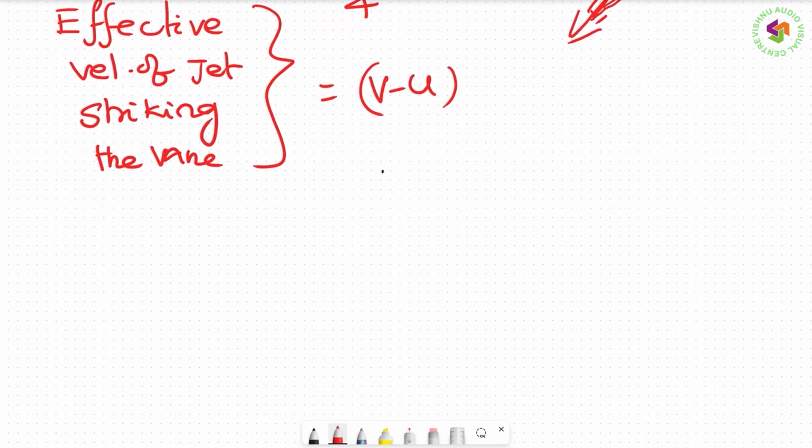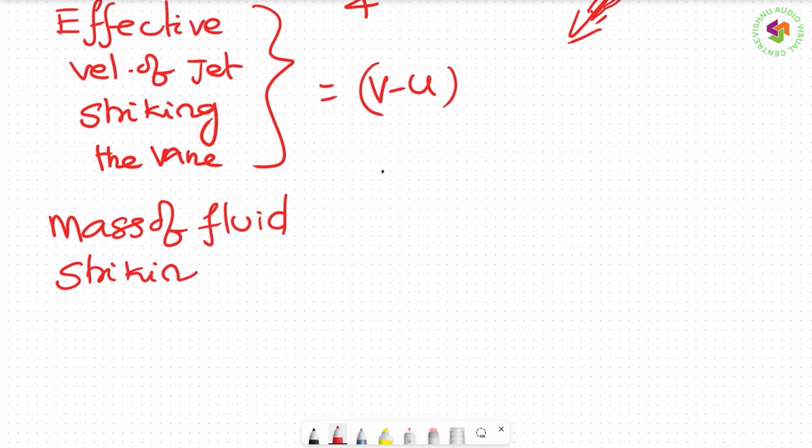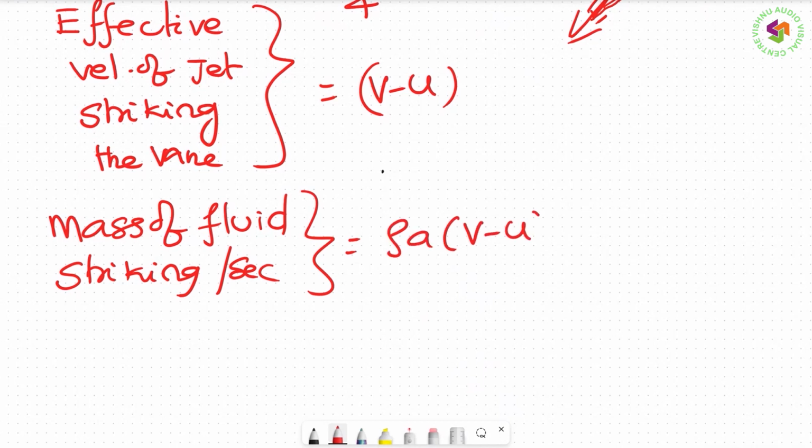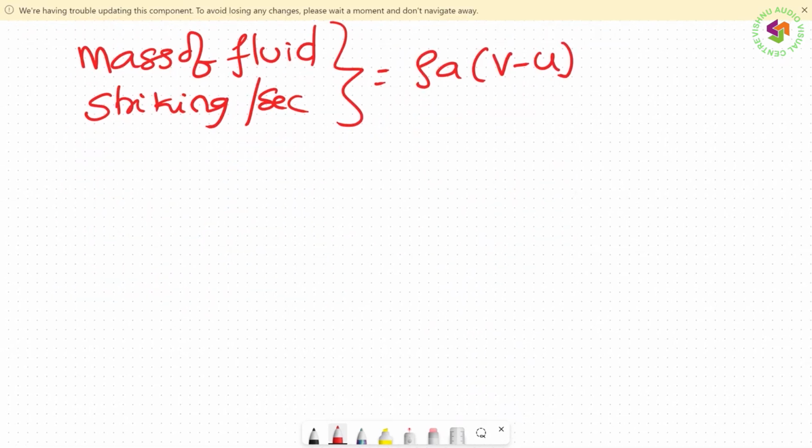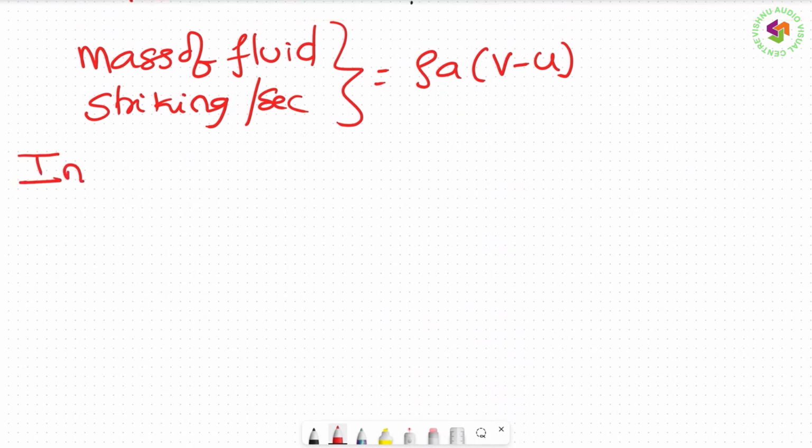And what is the mass of fluid striking per second? It is equal to rho A into V minus U. Then what is the initial velocity of jet?